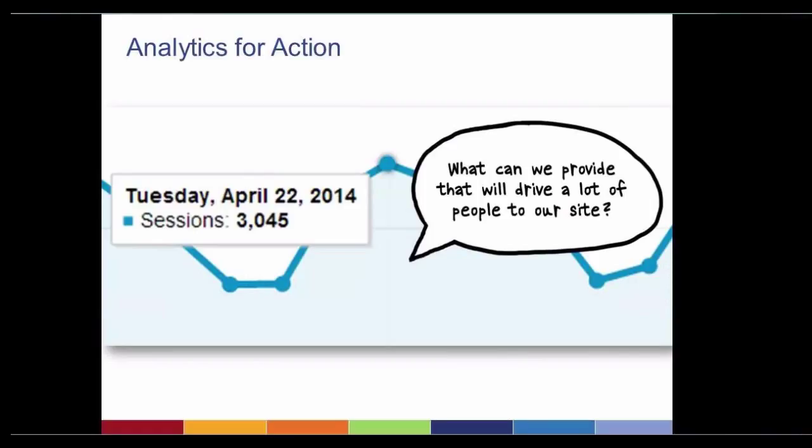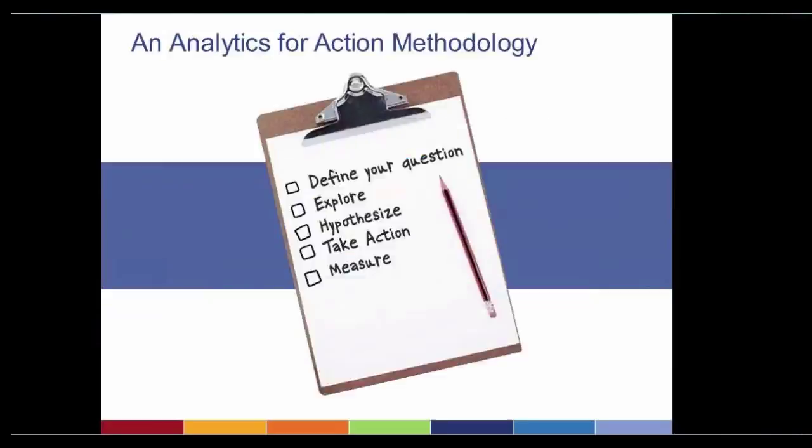So we're not just showing up in analytics and saying, what's going on? Instead we're saying, okay, what can we provide that will drive a lot of people to our site? We're defining some kind of action question that we then use analytics to help provide data on. Here's a possible process.